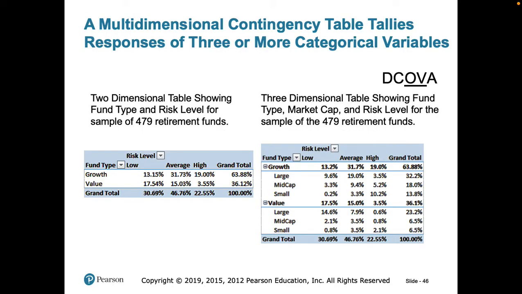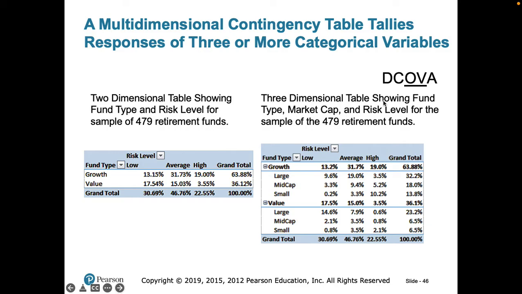And here is an example, right? On this one, you have 2-dimensional tables showing fund type and risk level for samples of 479 retirement funds. Here you have your growth, you have your value, you have your grand totals, and then you have your risk level from low to average to high.